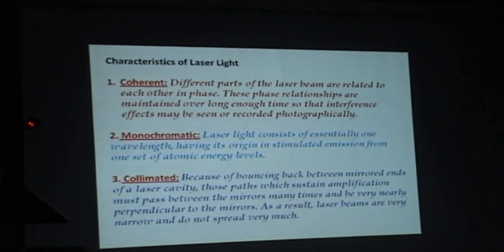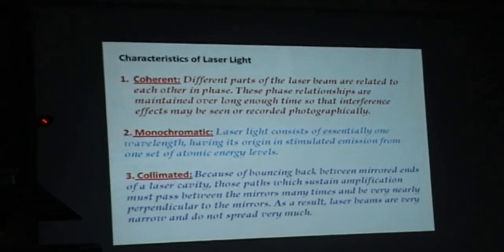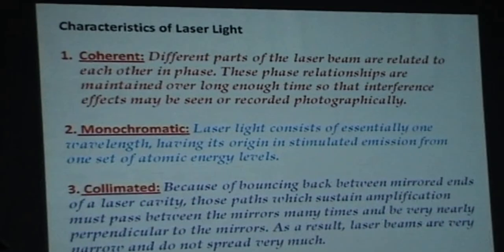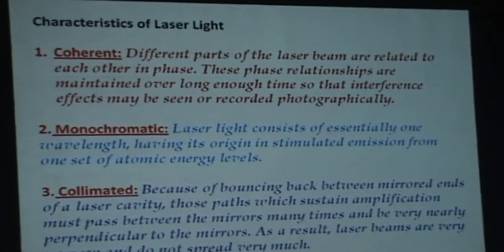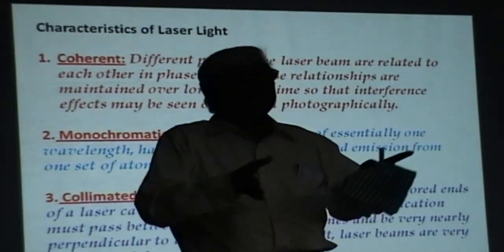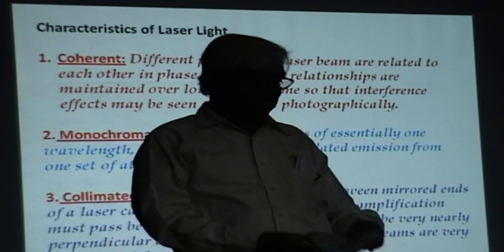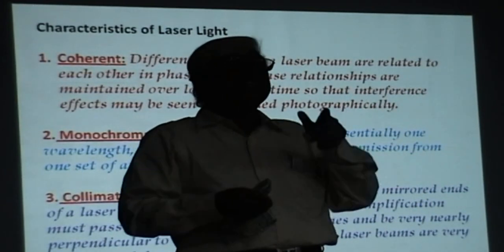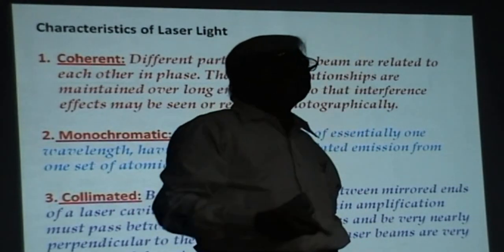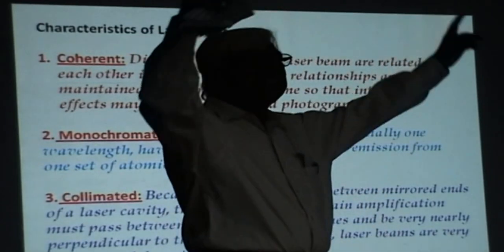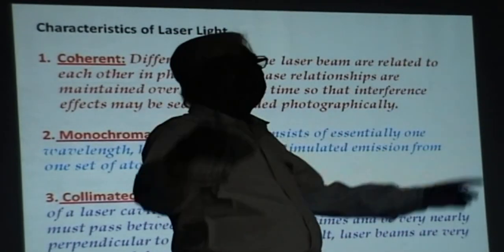They are monochromatic, light of precisely definite wavelength, and they are unidirectional. They are not diverging. When you shine a torch on a wall, its light goes in this fashion, and the circle on the far wall will be much bigger.